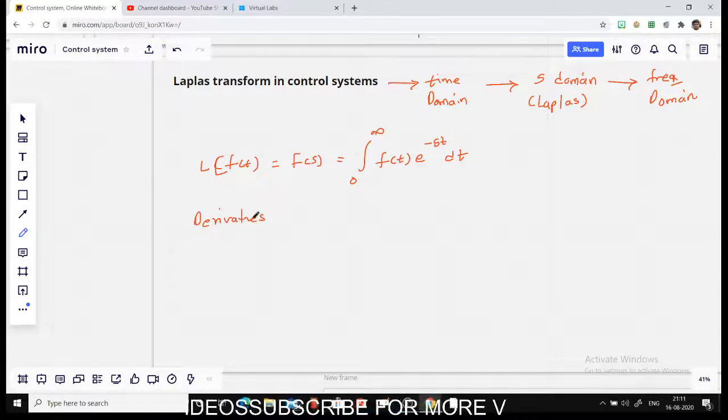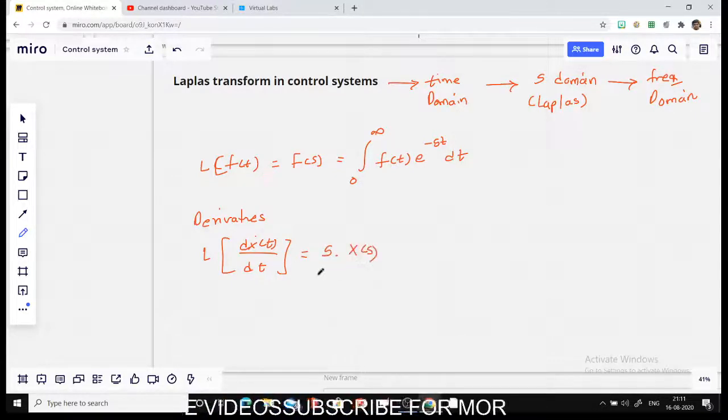Let us try to understand the Laplace transform of a derivative. For dx(t) by dt, by a simple formula, you can easily check that the Laplace transform of this derivative term will be s into X of s. If it's a double derivative, that will be s square into X of s.